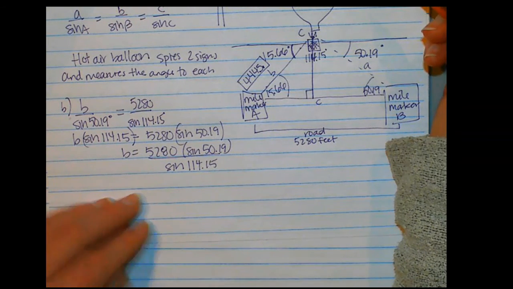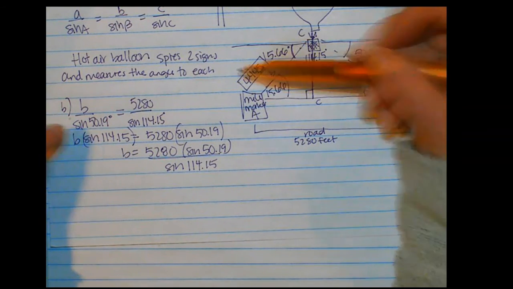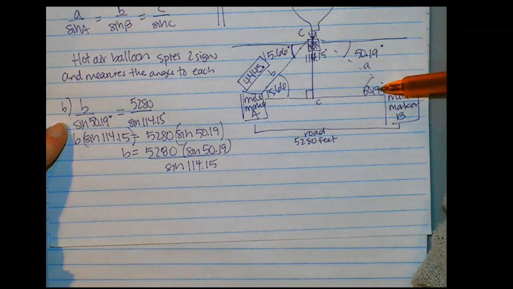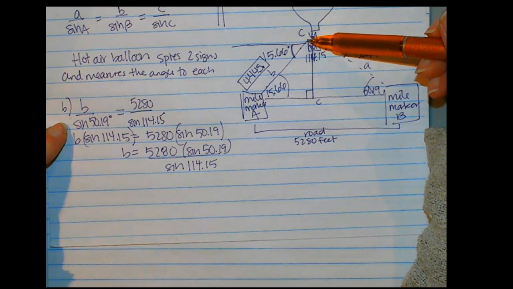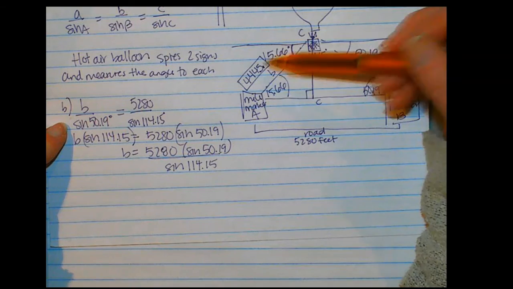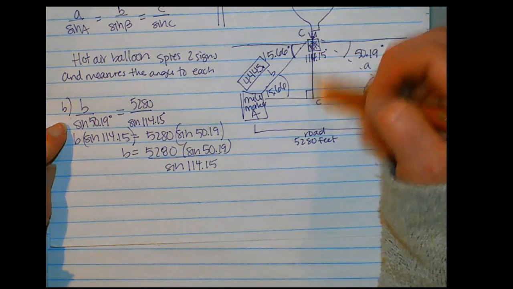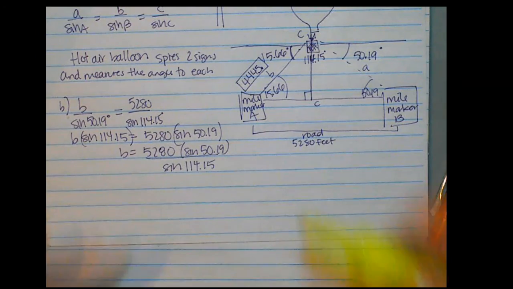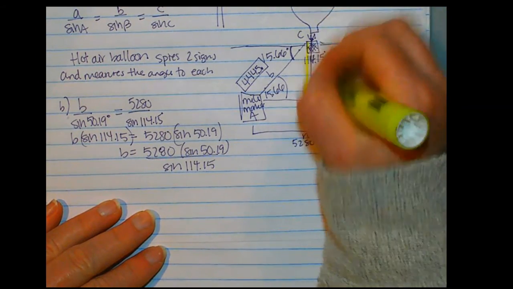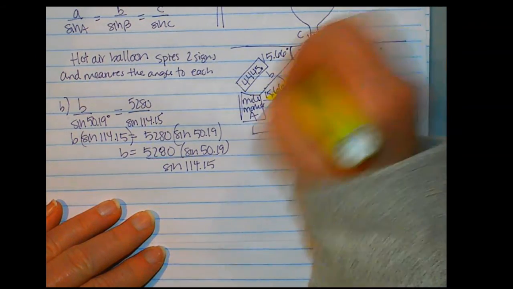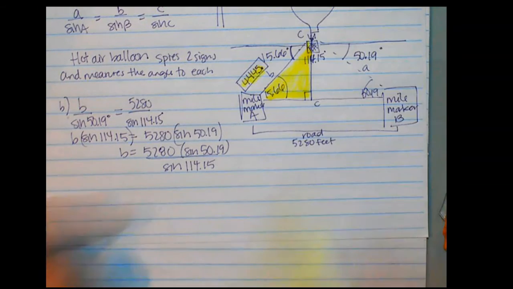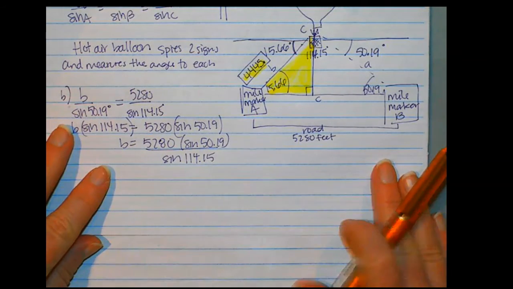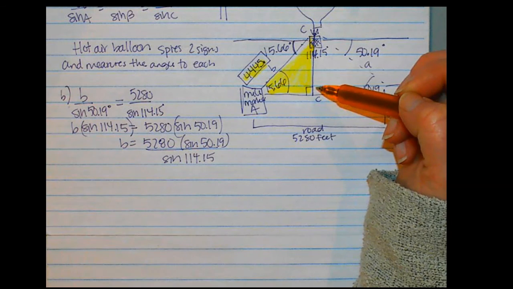So now instead of this side being related to 50.19, this side would be related to what? If we're looking at this triangle right here, and this side, what angle does that go with? Now it goes with 90, right? I'm in a different triangle.